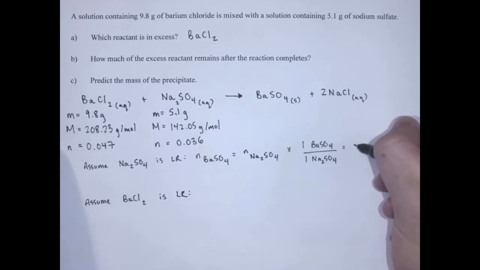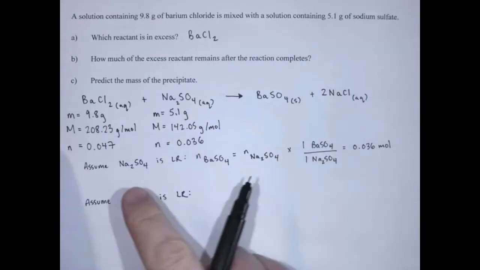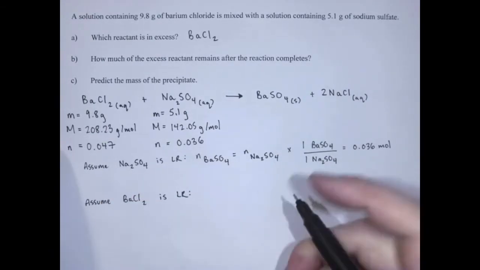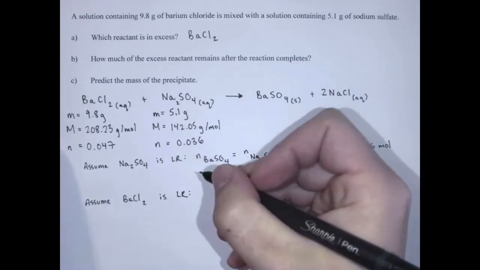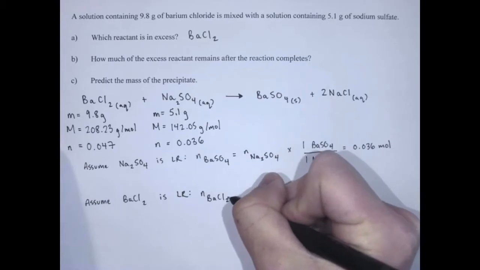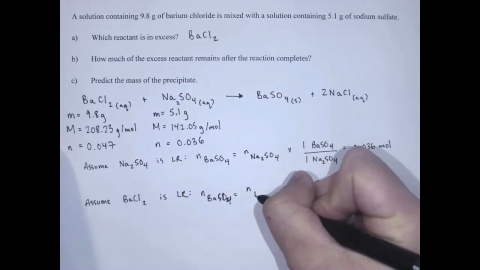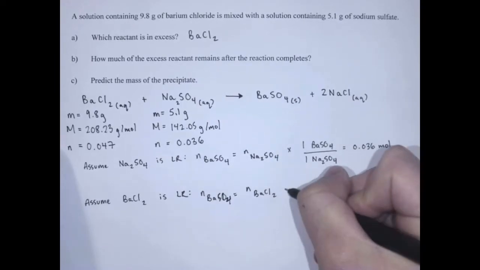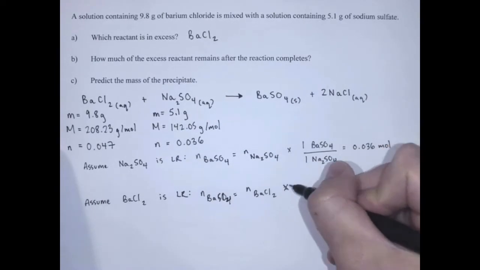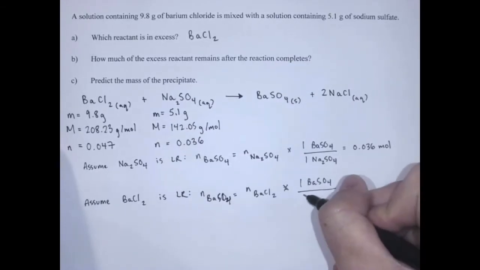So in this case, I would make 0.036 moles of barium sulfate if sodium sulfate was the limiting reactant. Now, if I assume that barium chloride is the limiting reactant, I'd go through the same operation.